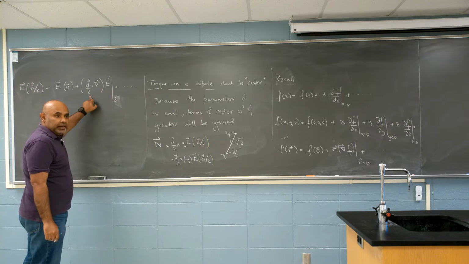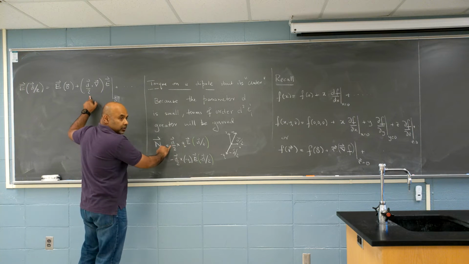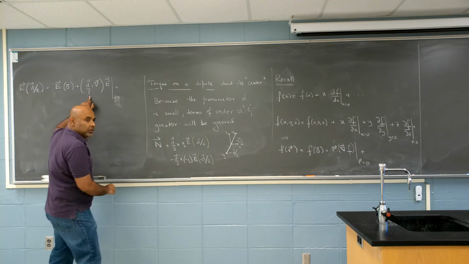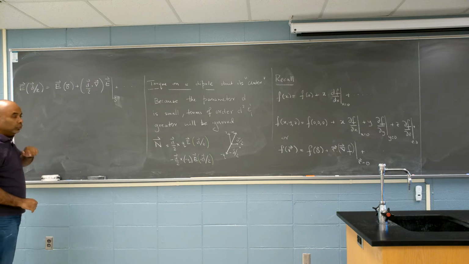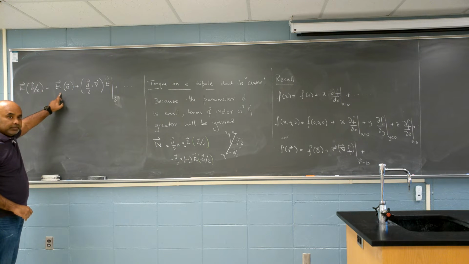Okay, I don't want d dependence for my torque because there's also already a d. So which is the only term I want? For the torque formula, it's the first term.